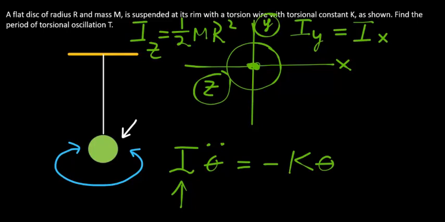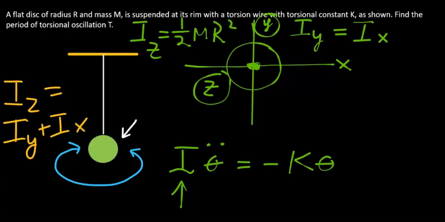Now according to the perpendicular axis theorem, the moment of inertia about an axis perpendicular to its plane, in this case Iz, is equal to the sum of the moments of inertia about any two mutually perpendicular axes lying in the plane, in this case Iy and Ix.